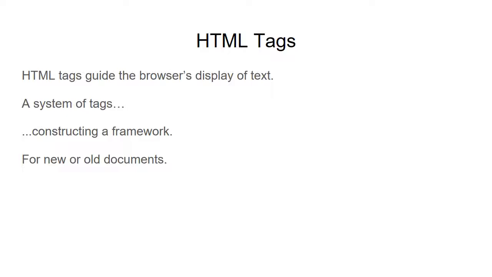So let's learn about the HTML tags, which are the individual elements upon which you hang all the text for display, and within which you place the entire hierarchy of page information.